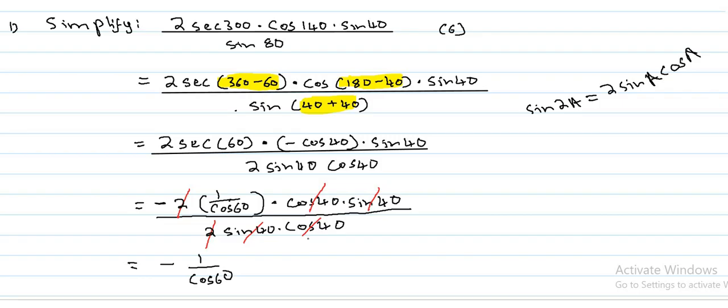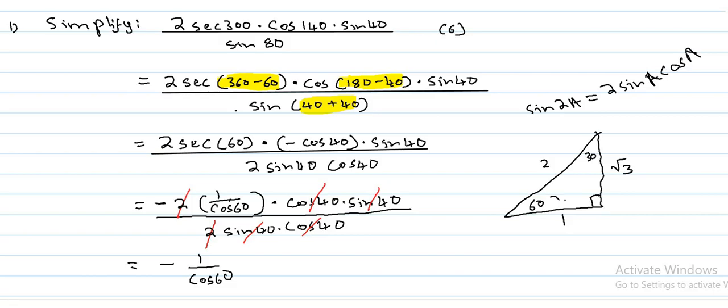Remember our special angles. You draw your triangle on the side, just so that you remember. We said special angles of 60 and 30 come from an equilateral triangle of equal length 2. This was cut into half, it's 1. Then we got the square root of 3. So what is the cos of 60?